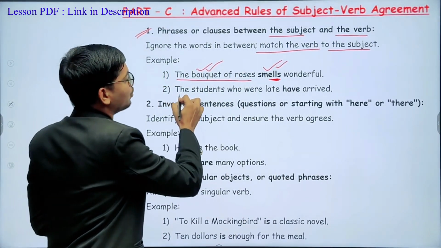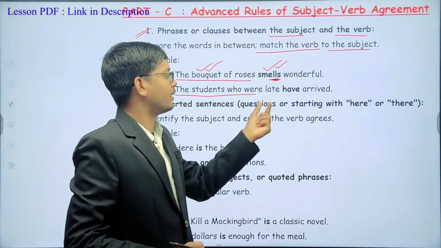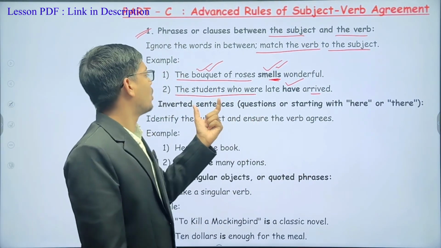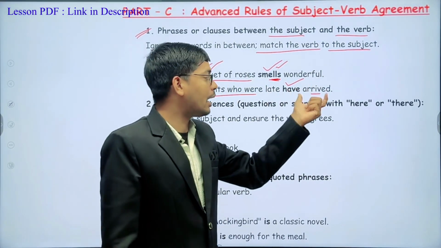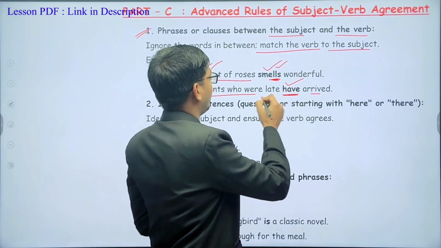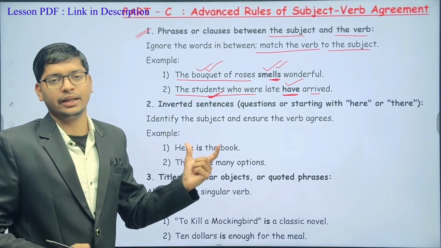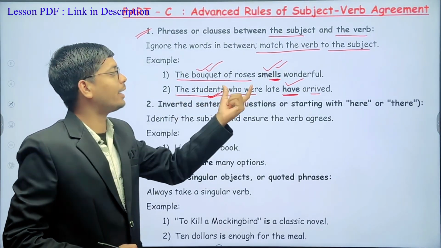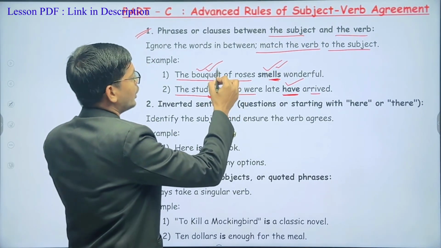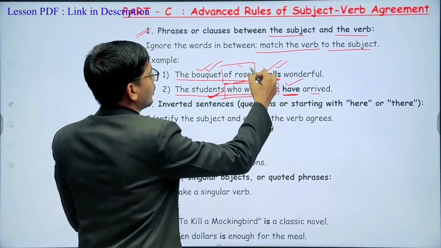Next, "The students who were late have arrived." So you understand, here "have" is correct because the main thing here is students. "Who were late" you ignore this part.